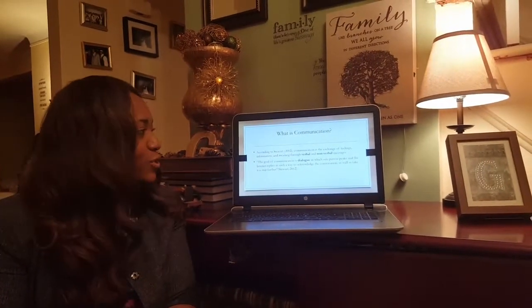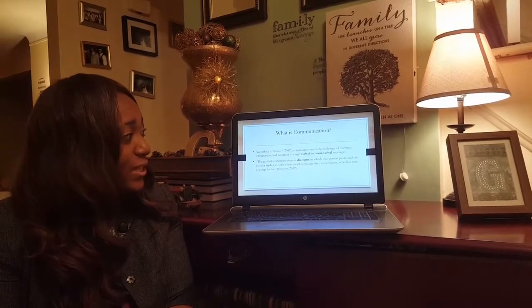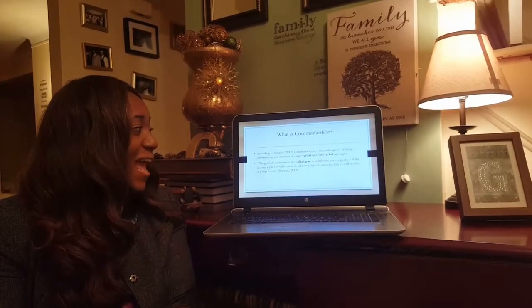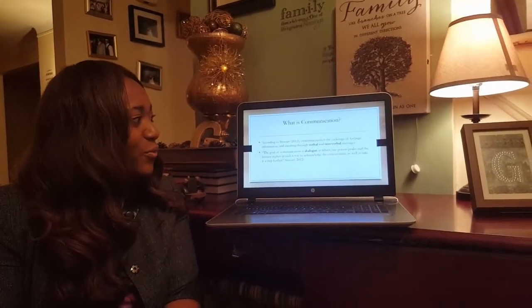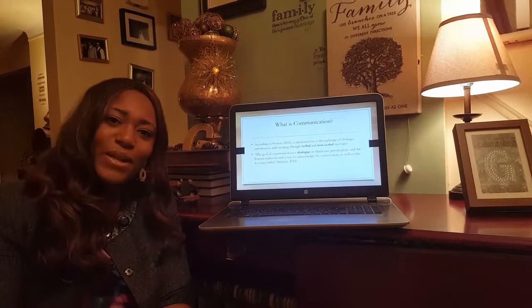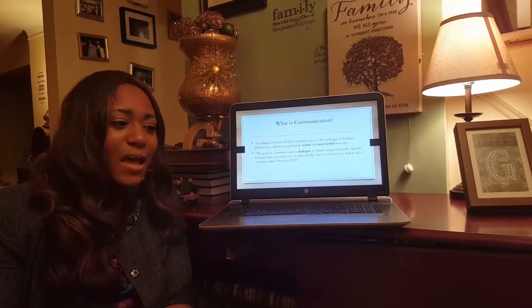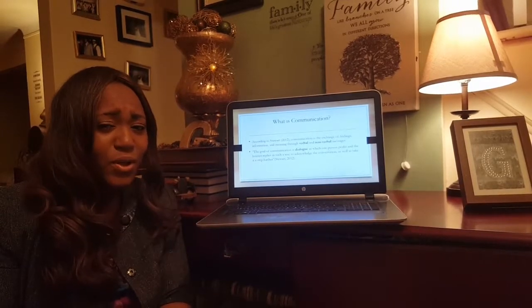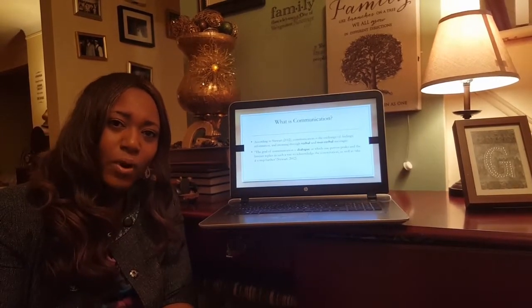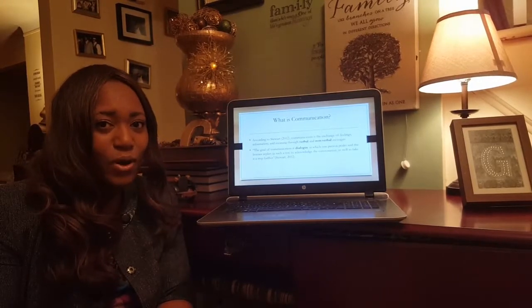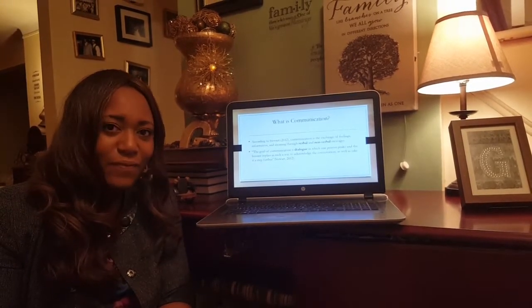According to Stewart, communication is the exchange of feelings, information, and meaning through verbal and nonverbal messages. I can remember an instance when I was giving a lot of nonverbal communication to a coworker that I disagreed with. Even though I didn't say a word, she walked away very offended.